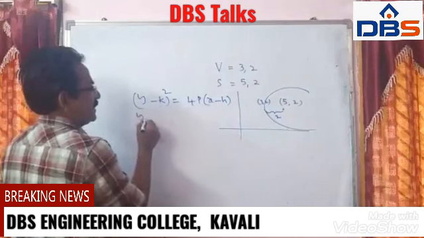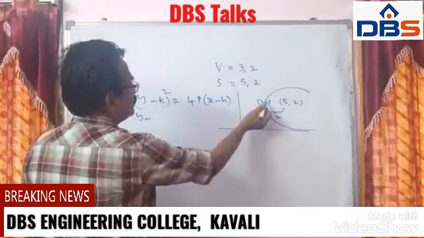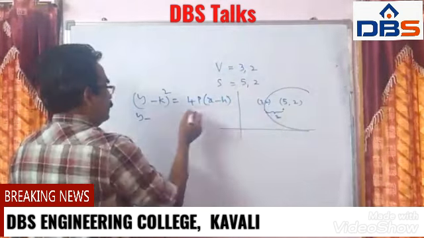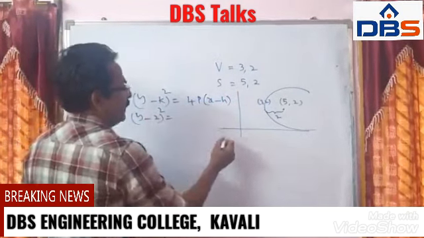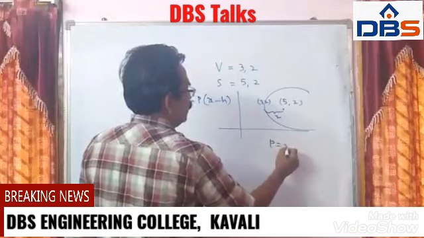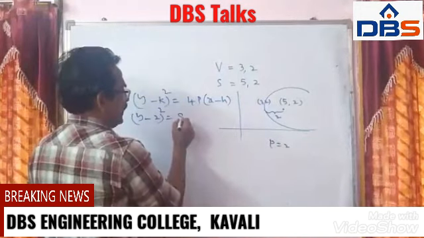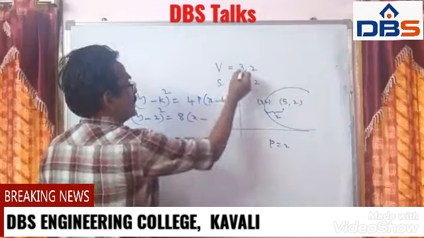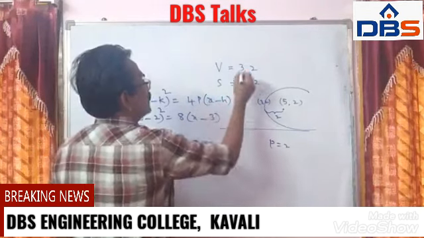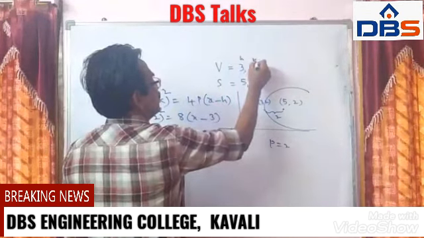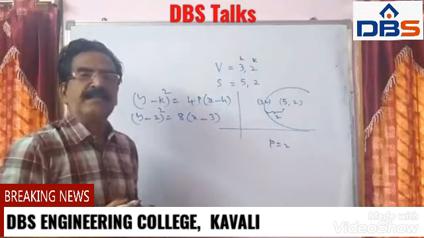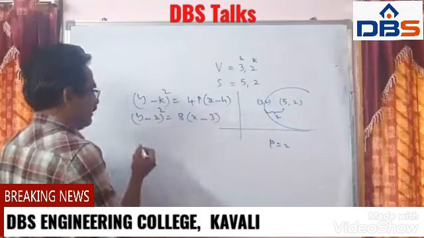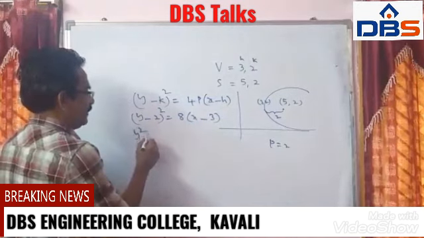So y minus 2 whole square is equal to 4 into p, which is 2. So 4 2's are 8 into x minus 3. This is h, this is k. Y minus 2 whole square is equal to 8 into x minus 3 is the required equation. You can simplify further.